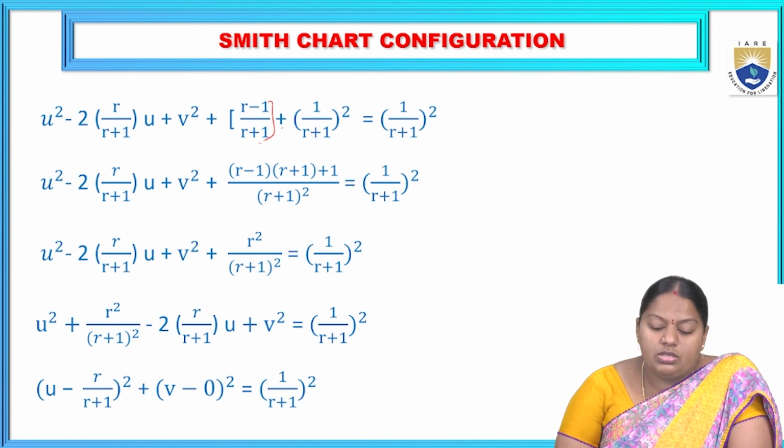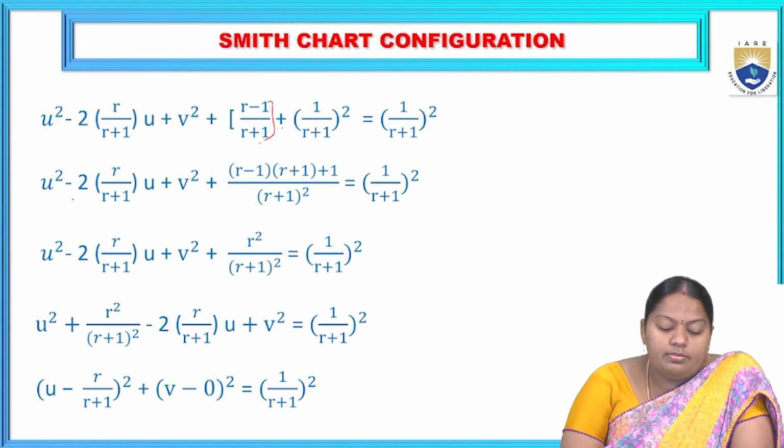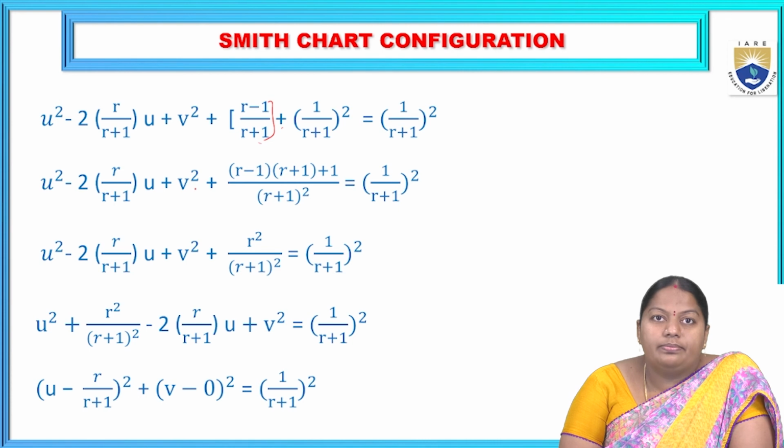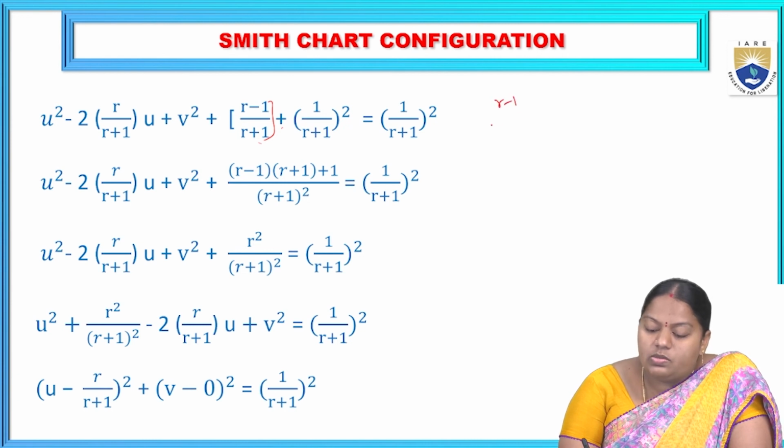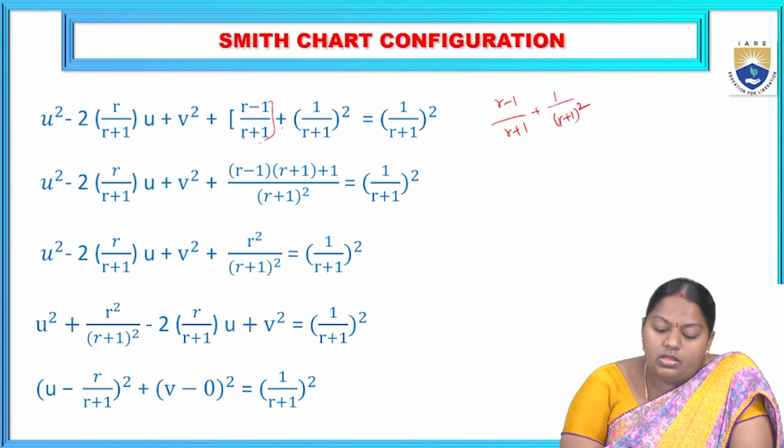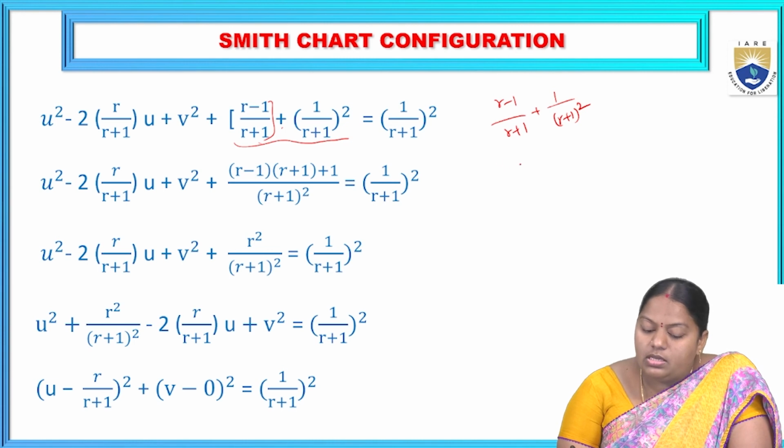It won't change. So to write the circle equation, u square minus 2 into r/(r plus 1) into u plus v square, plus (r minus 1)/(r plus 1) plus 1/(r plus 1) whole square. Between these two terms, the LCM is (r plus 1) whole square.